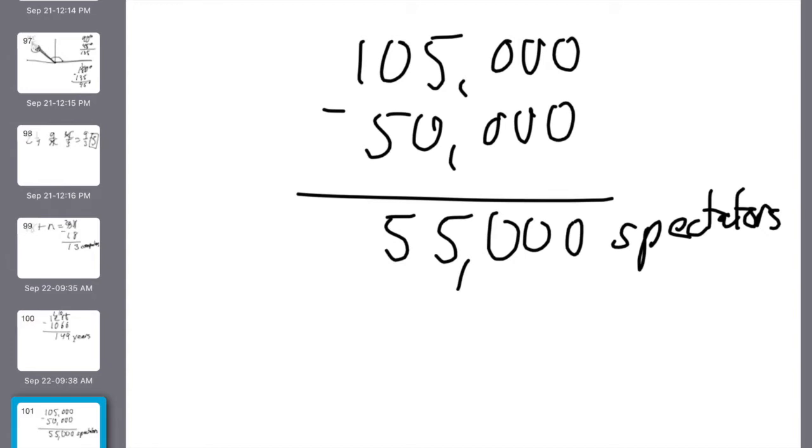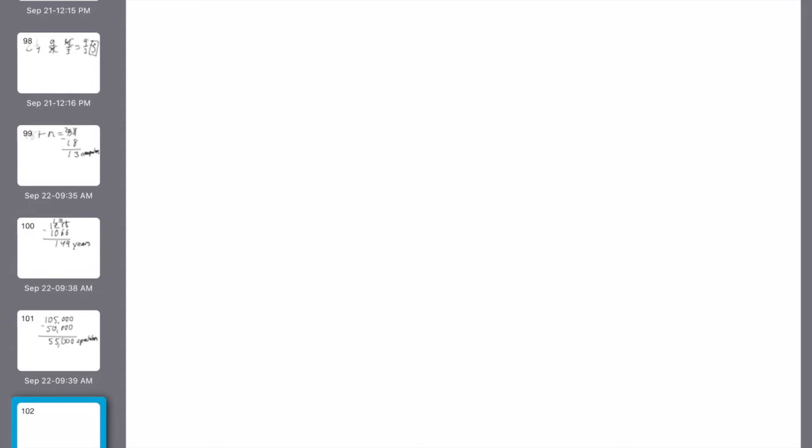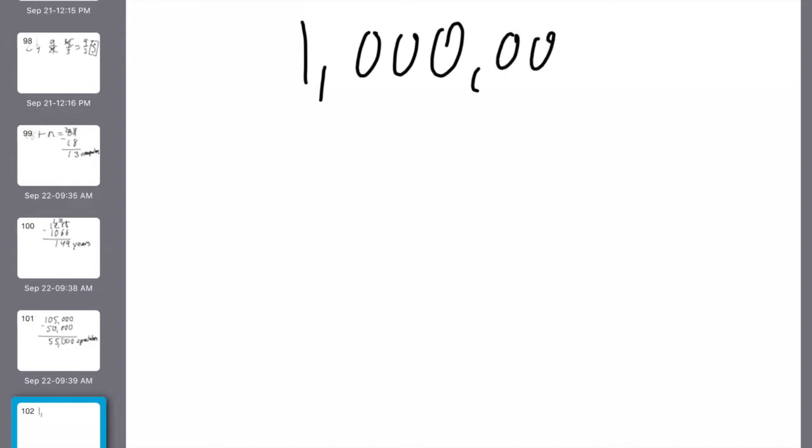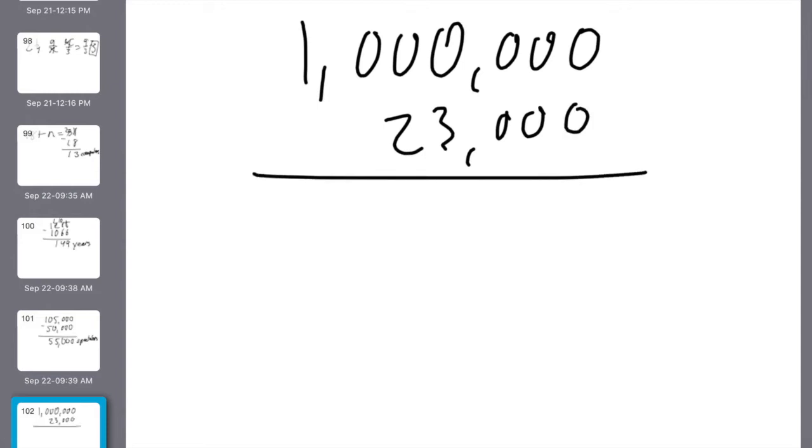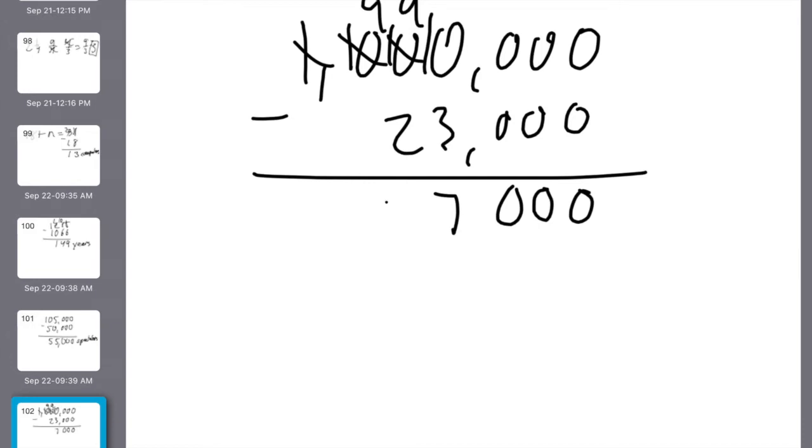Number 7 says 23,000 is how much less than 1 million? So step 1, I need to write my numbers, and I have 23,000. Then I have to compare those through subtraction. Ten minus 3 is 7, 9 minus 2 is 7, 9 minus nothing is 9.